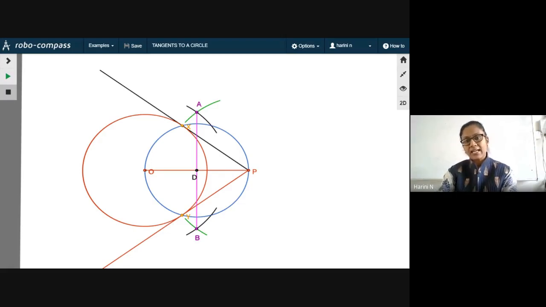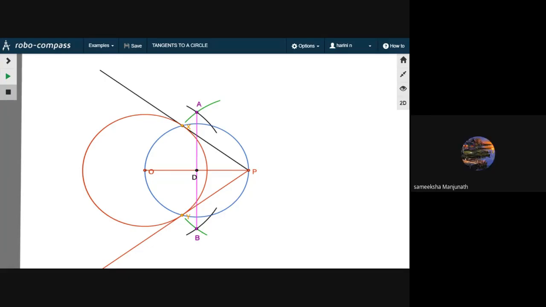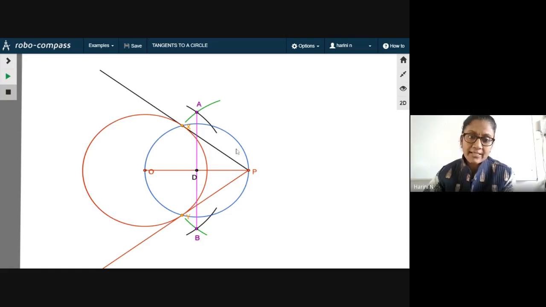So, what will be the angle between PX and OX? Ma'am, 90 degrees. Yes, because when you join OX, you are drawing the radius of the circle. Similarly, when you join OY, you are drawing the radius of the circle. The angle between the radius and the tangent at the point of contact will be 90 degrees.